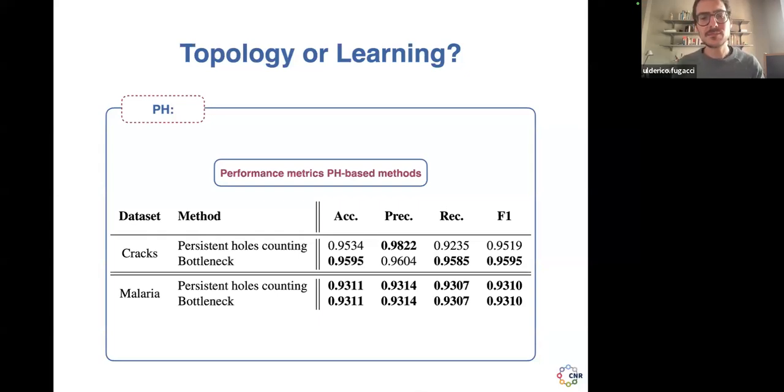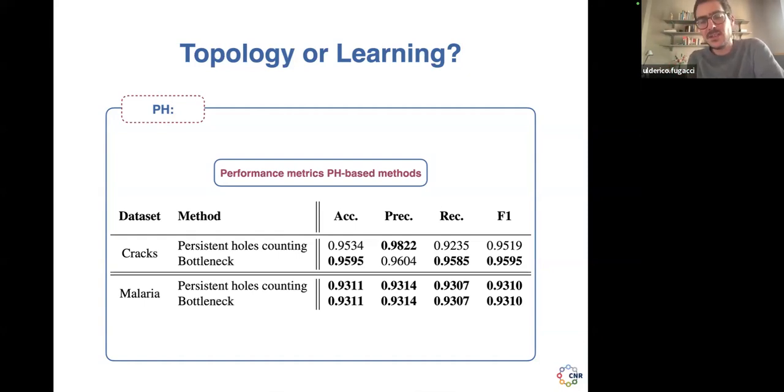Okay, let's start with considering persistent homology performances. As you remember, we adopted 2 criteria for the classification: simply counting the persistent holes, or considering the bottleneck distance. As you can see in this table, both strategies are pretty similar. Of course, the bottleneck distance provides slightly better results, but nothing significantly different from persistent hole counting.